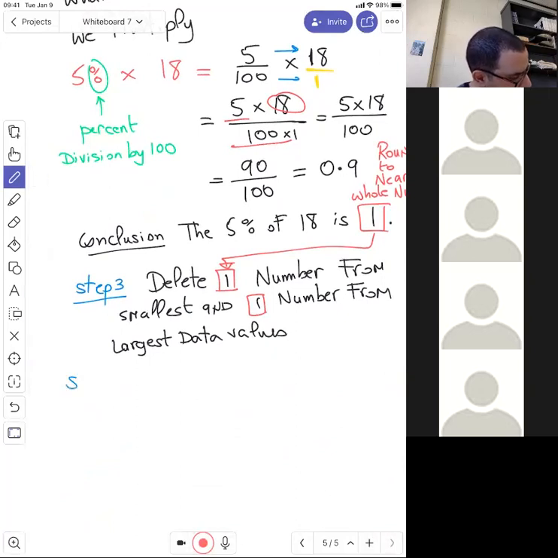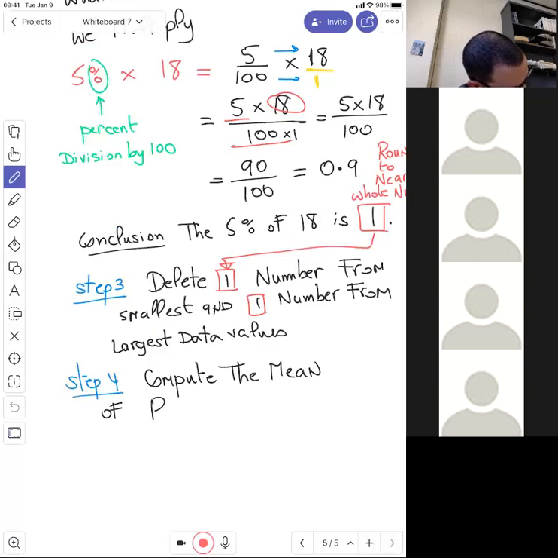This is step 4: we compute the mean of the remaining data values, what's left after deleting the 2 and the 15.